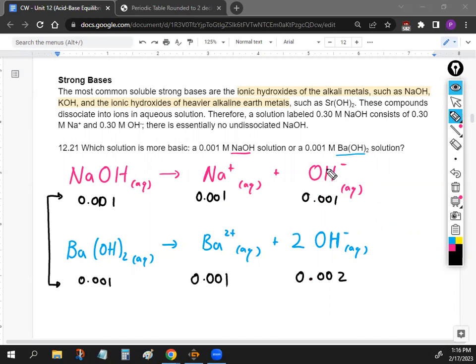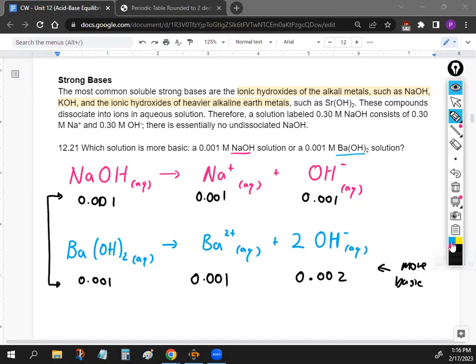Even though these two bases have the same concentration, because barium hydroxide has two hydroxides, which one do you think is going to be more basic, the top one or the second one? The second one is more basic, because it releases double the amount of hydroxide ions.